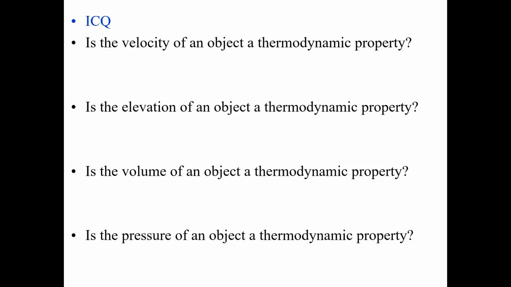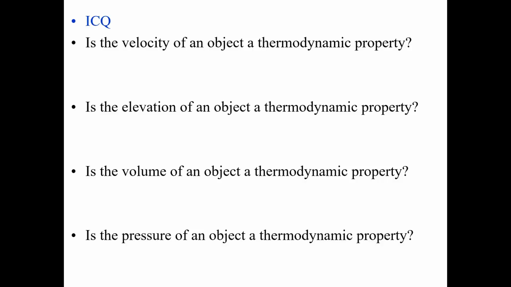It is totally unique. It is also only dependent on the current condition of the object at the given moment. It has nothing to do with what happened to this object before that moment. At any given moment, there is a fixed volume value for this object. So it is a thermodynamic property.